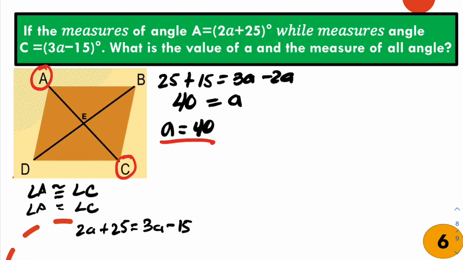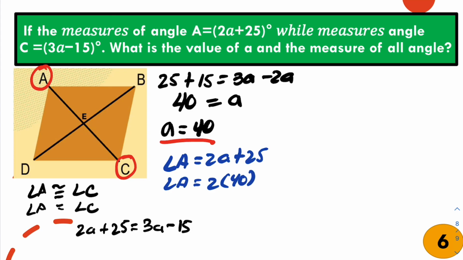Applying the value of A to our given, we have angle A is equal to 2A plus 25. Okay, angle A is equal to 2 times the value of A is 40 plus 25.